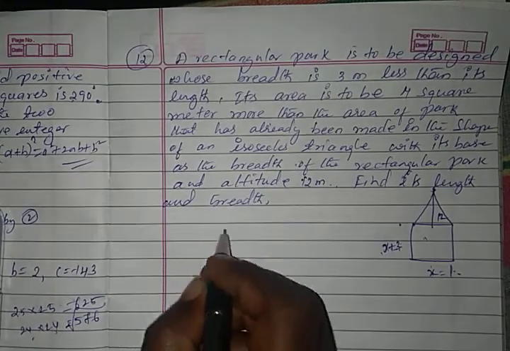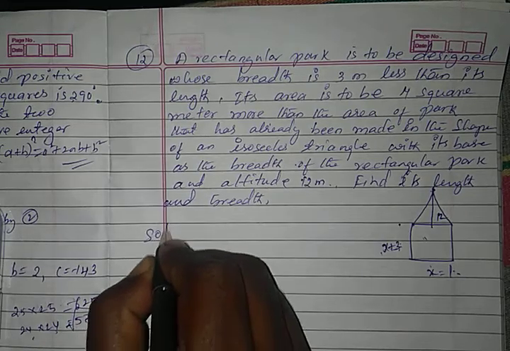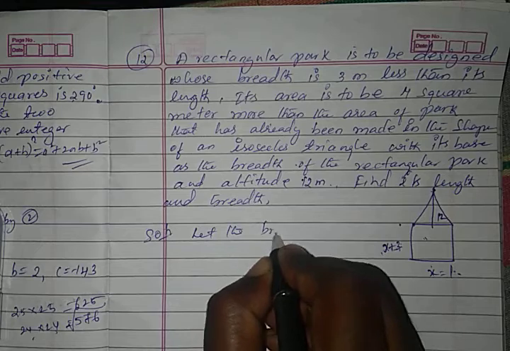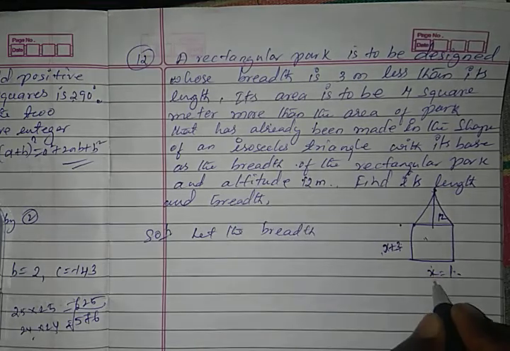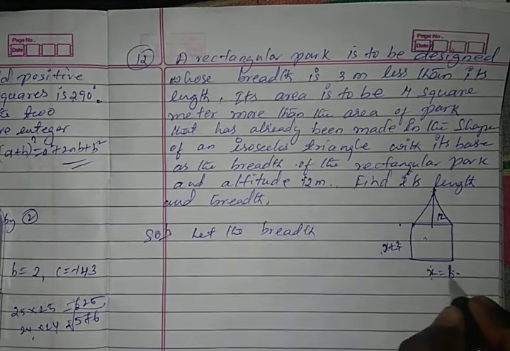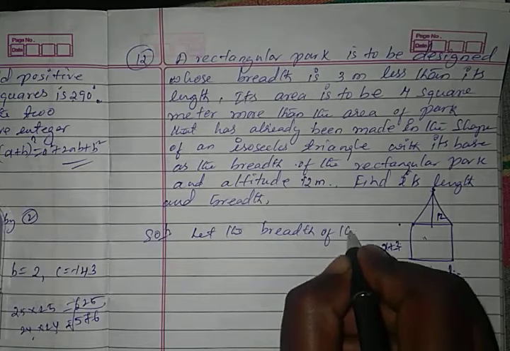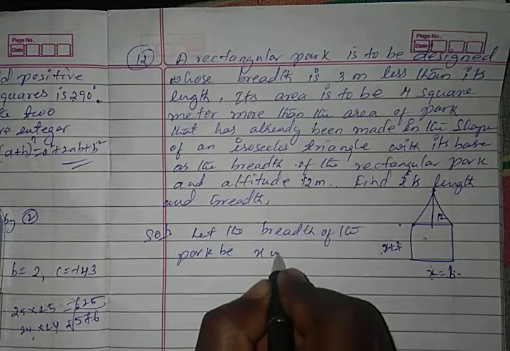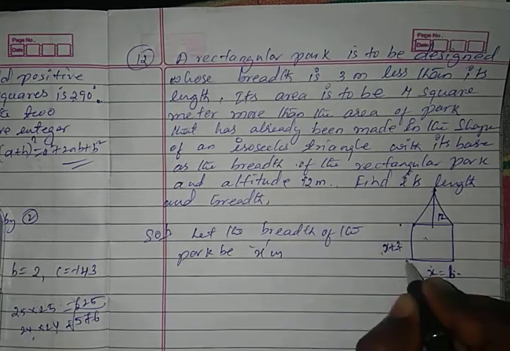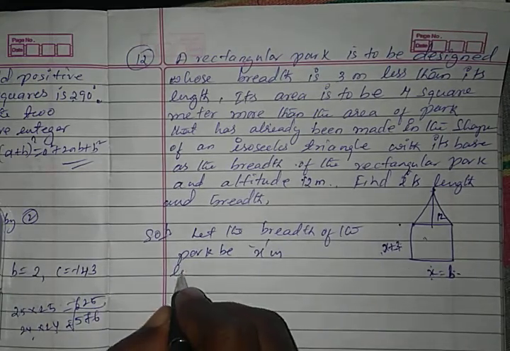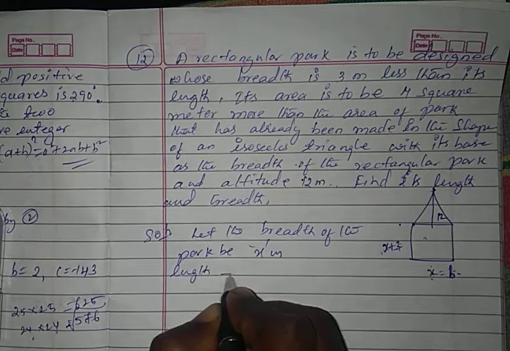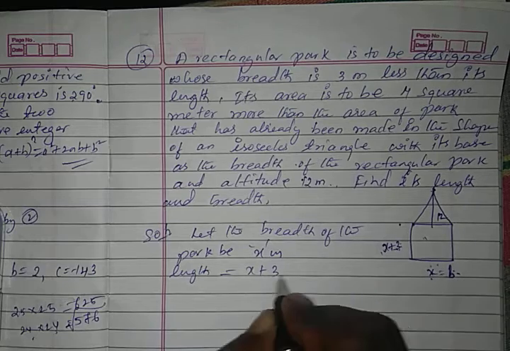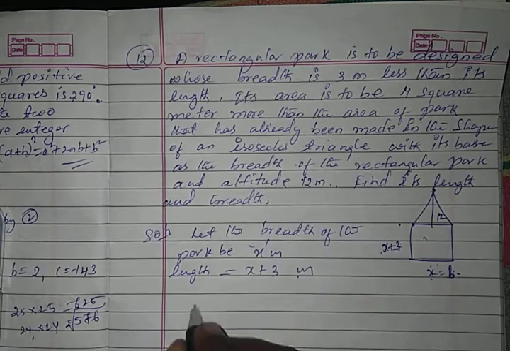Let us see. First we shall write the given. Let the breadth of the park be x meter. So this is breadth, and then length is equal to x plus 3. This is length and this is breadth. So length is x plus 3 meter.